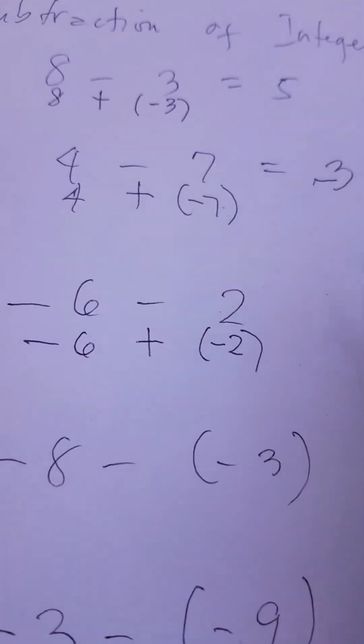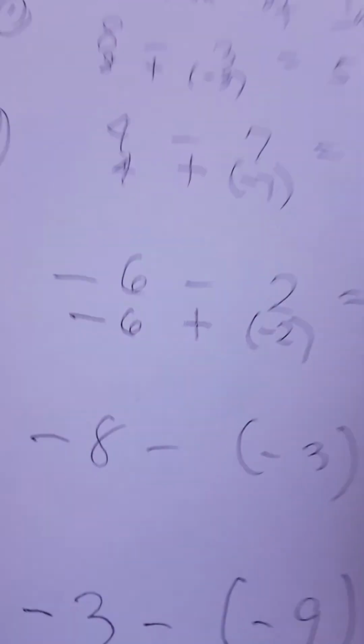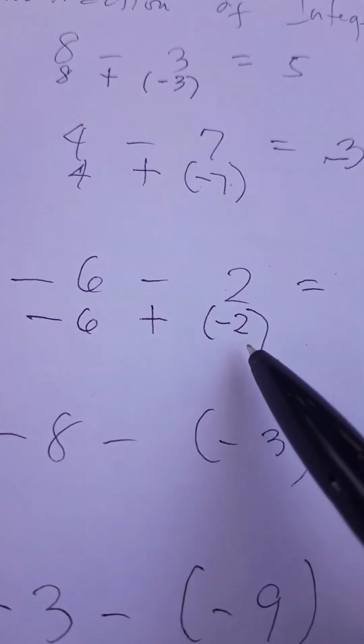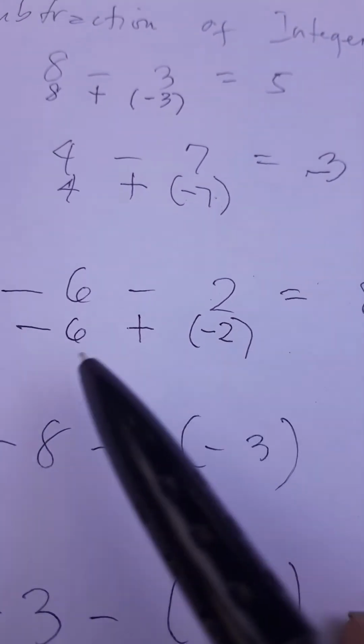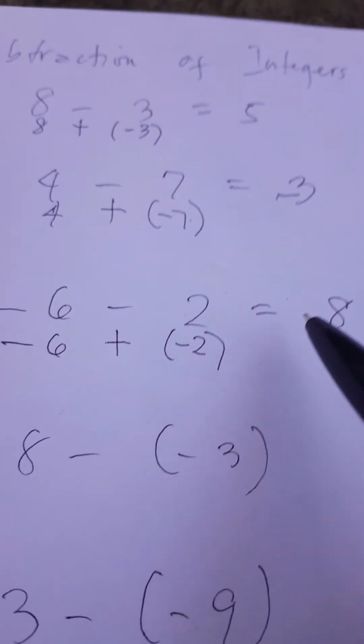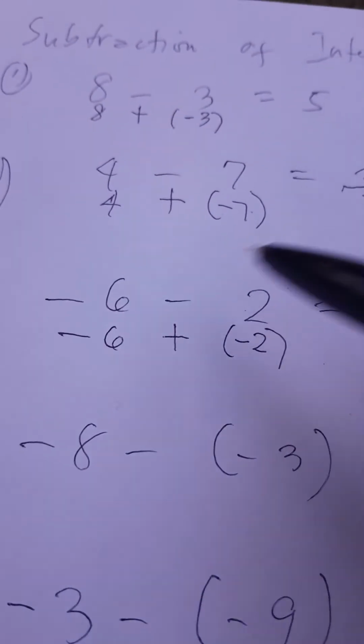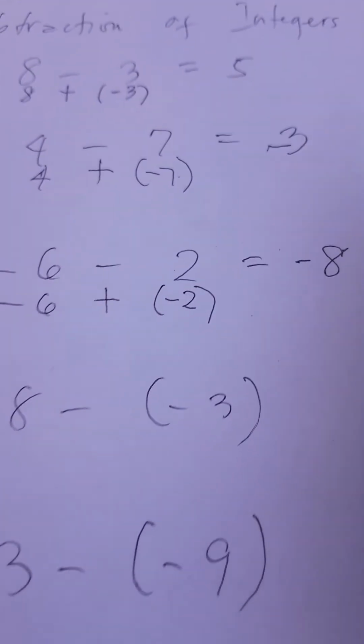So we have 6 plus 2, the answer is 8. And then the last step is the sign of the result. So we will attach the common sign to the result. Okay, so we have negative 8. So therefore negative 6 minus 2 is equal to negative 8.